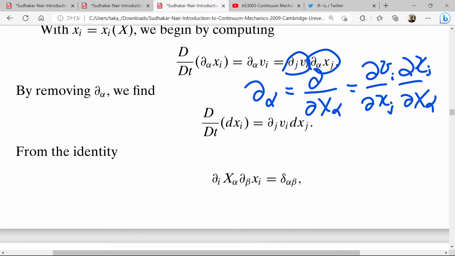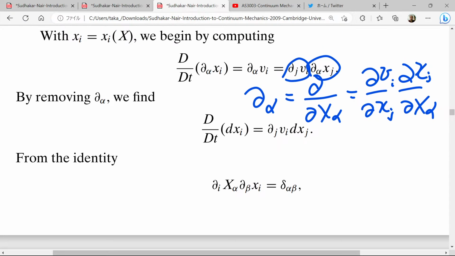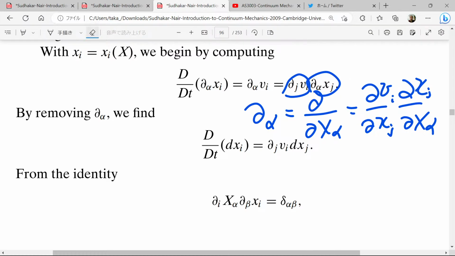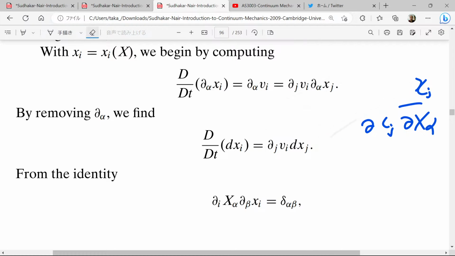Yes, something, right? We have this one. xi become vi.